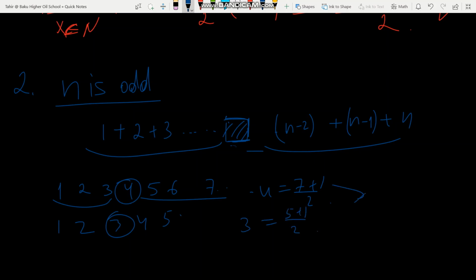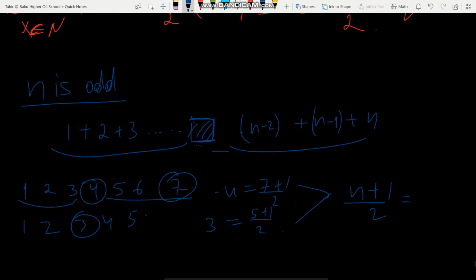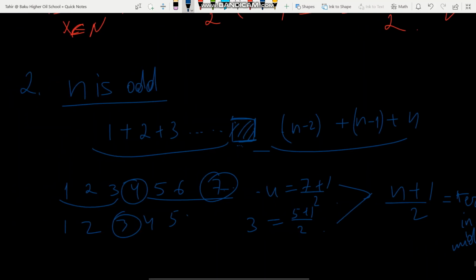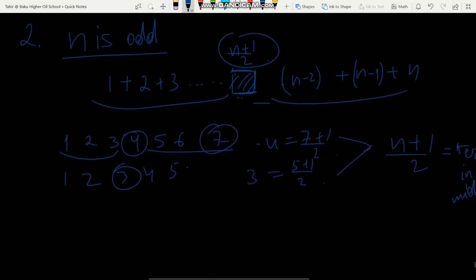When we generalize, we get that the last term n, with n plus 1 divided by 2, will give us the term in the middle. Let's prove our theorem again. n plus 1 divided by 2, we write here, middle.